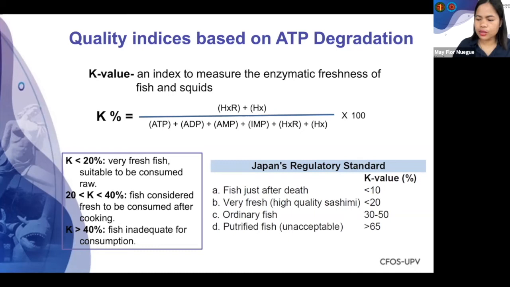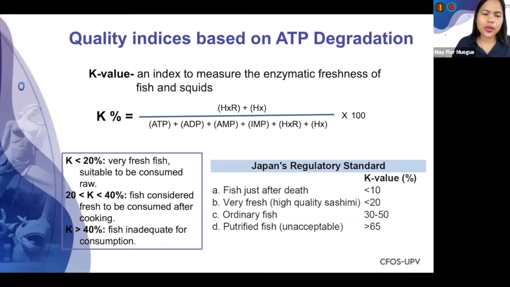So, bakit ano siya? Kumbaga, tinitingnan yung ratio ng hypoxanthine versus the other nucleotides or yung mga byproducts of ATP degradation.